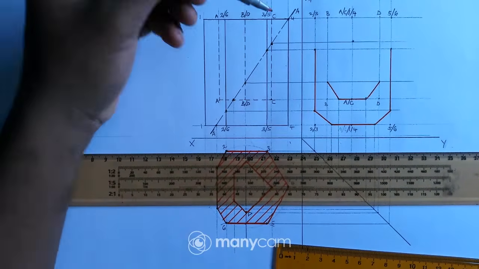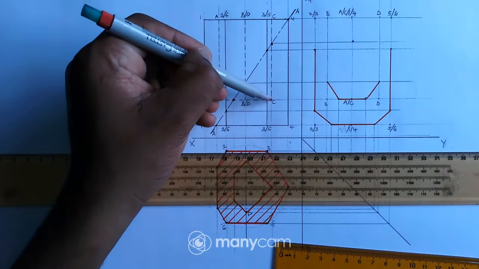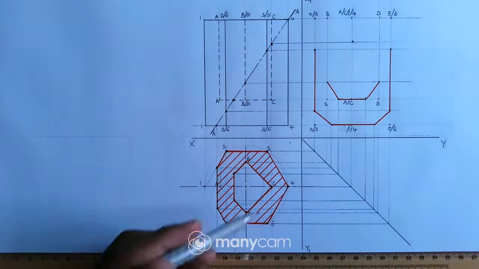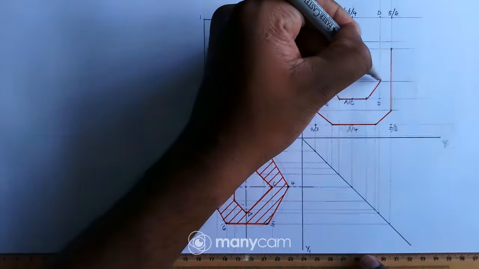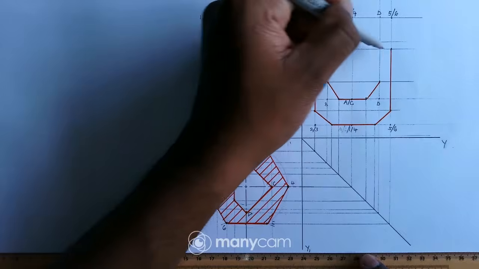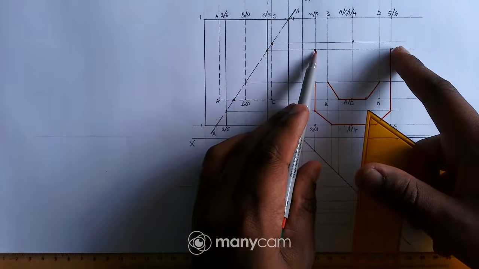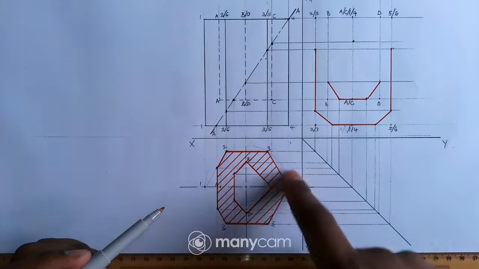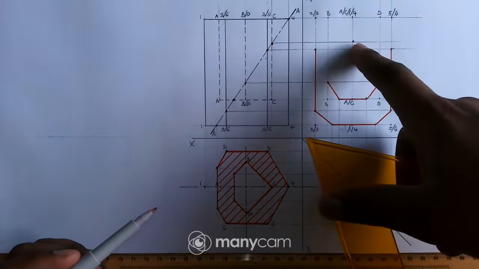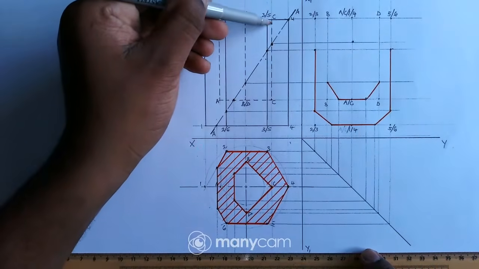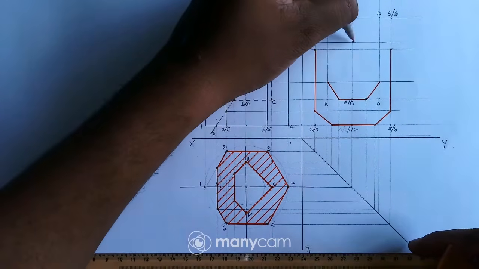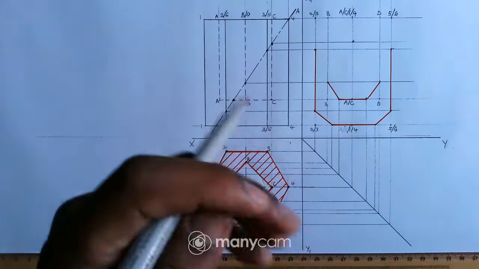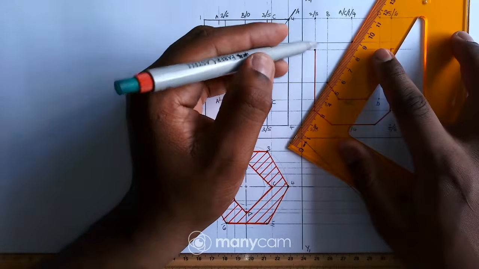If you check, this line is for the blind hole, so I have to connect this point with these 2 points. Not these 2, because these points are on the hexagonal prism, and this point is on the blind hole, the square prism. So I'll have to connect this point with these 2, just like that.